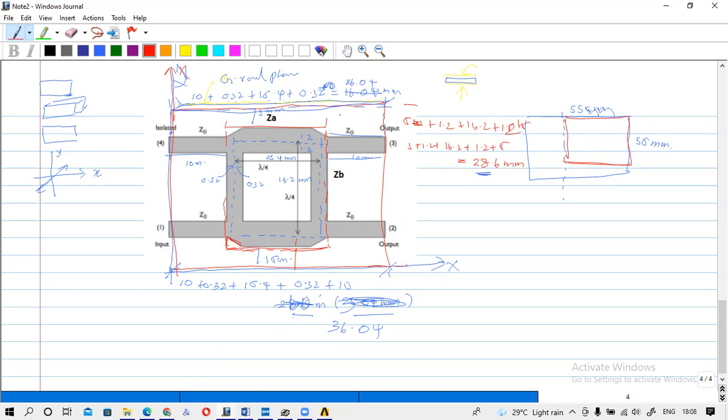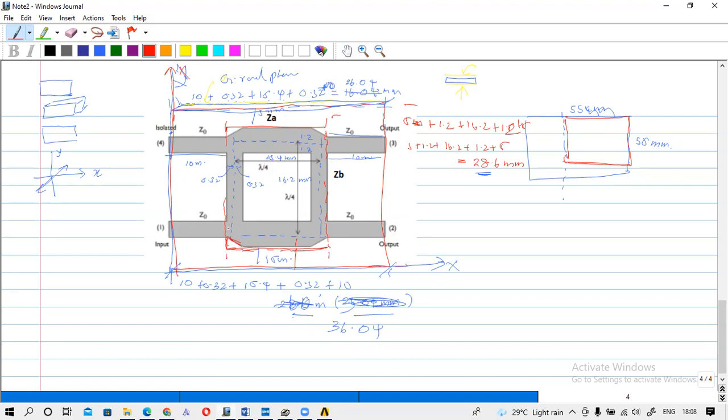That means these parts are not available, and only this rectangle remains. These are dielectric. So if I have this rectangle, what is the length of this rectangle?